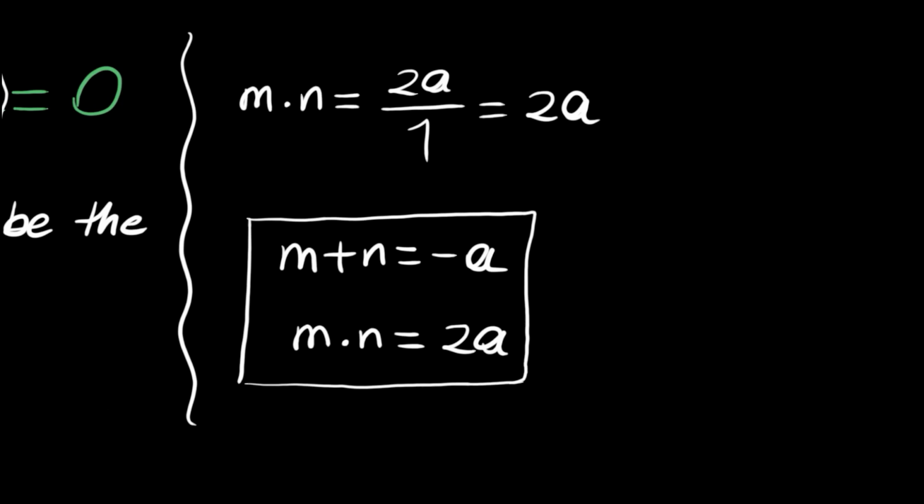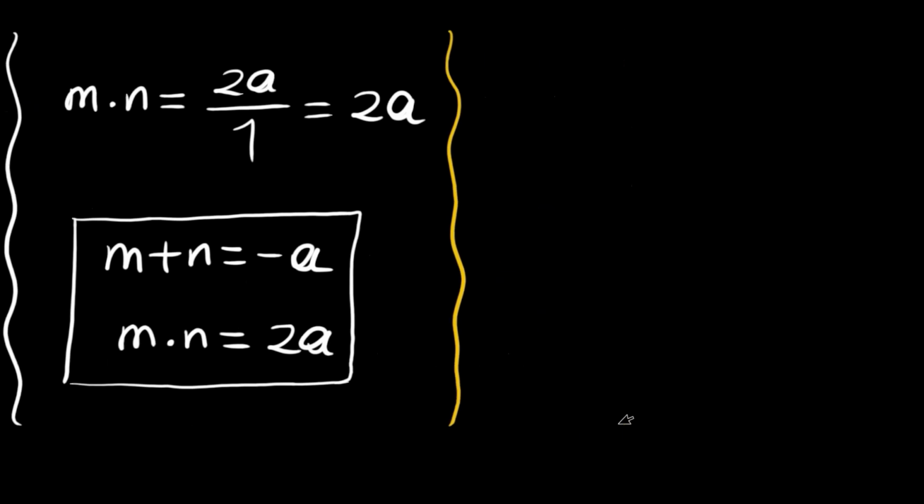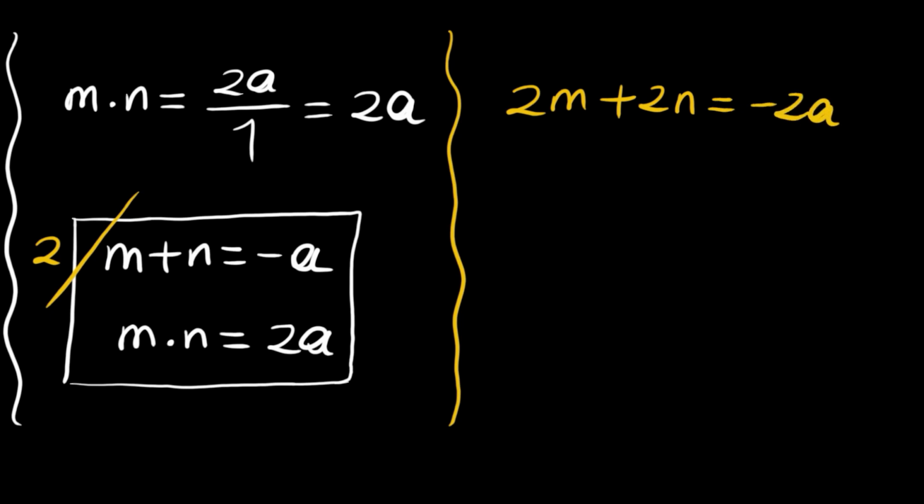Now, to manipulate, actually to get rid of this a in the first place, we can multiply the first equation by 2 to get a negative 2a. Let me write 2m plus 2n is equal to negative 2a, and m times n is equal to 2a.